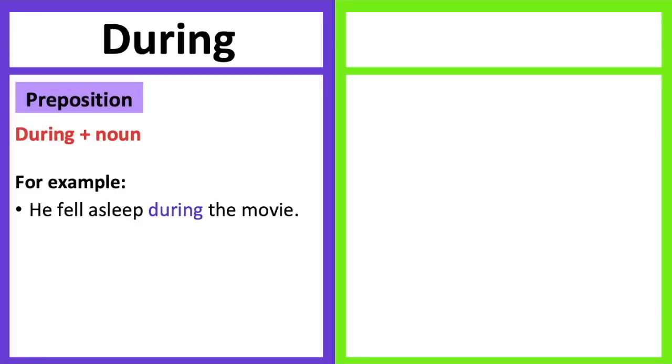During can also go at the start of the sentence, so I can say, during the movie, he fell asleep. Another example is, I take notes during class. Again, I can put during at the start of the sentence and say, during class, I take notes.